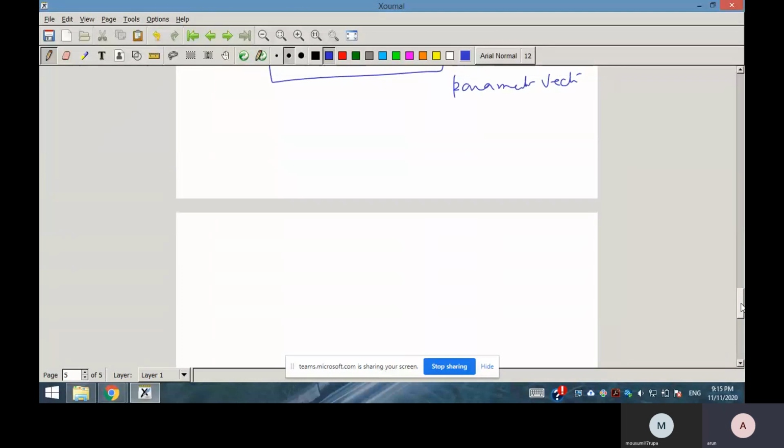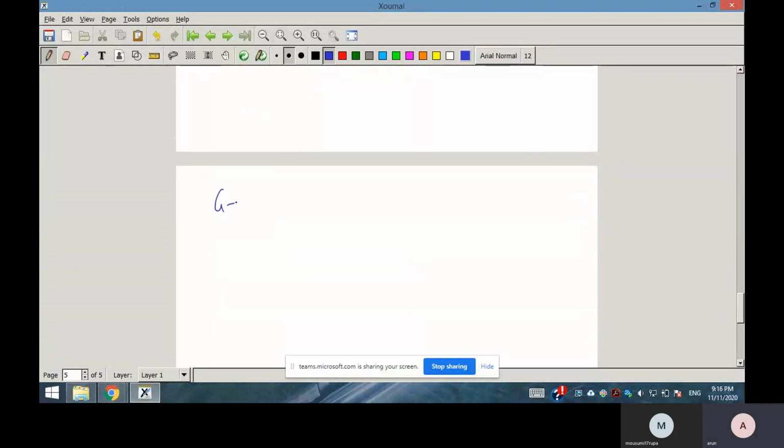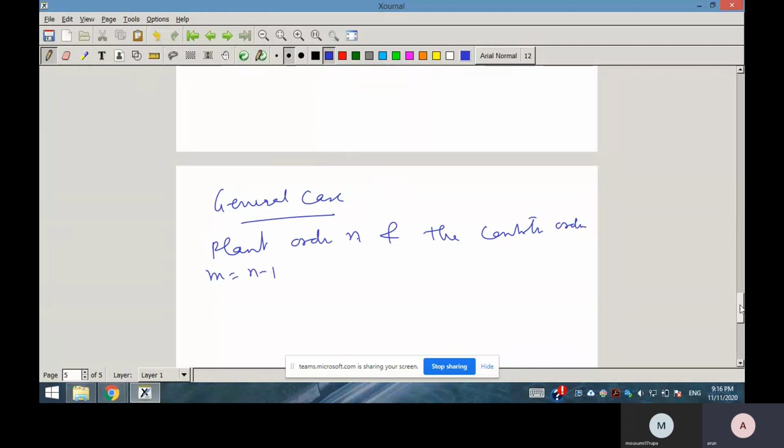General case means plant order n and the controller order m equal to n minus 1.